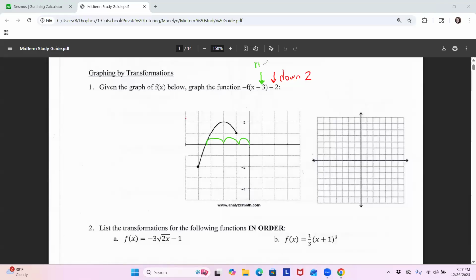That's going to take us to the right 3. And then a negation in the front will reflect us over the x-axis. Now, some people say the order that you do these matters, and some people say it doesn't.